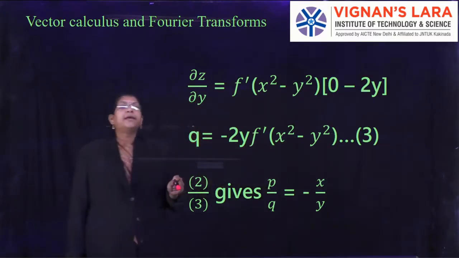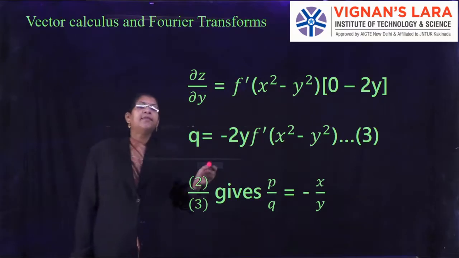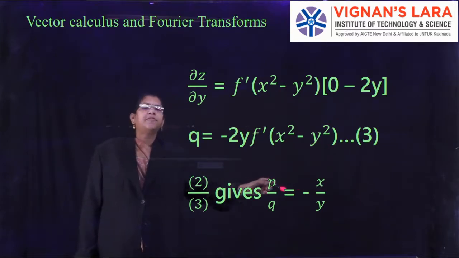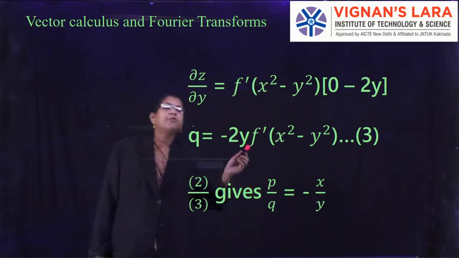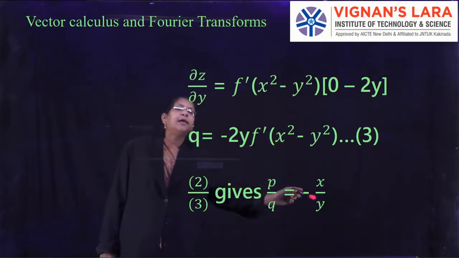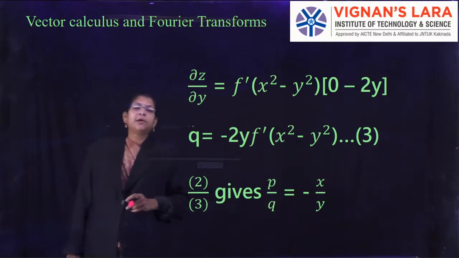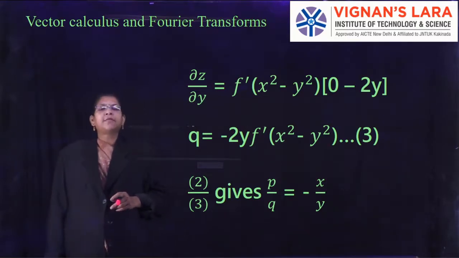Now 2 divided by 3 gives, in the LHS, p divided by q equal to, in the RHS, f dash of x² minus y² gets cancelled, 2 also gets cancelled. Finally you will have minus x by y. So p by q equal to minus x by y.